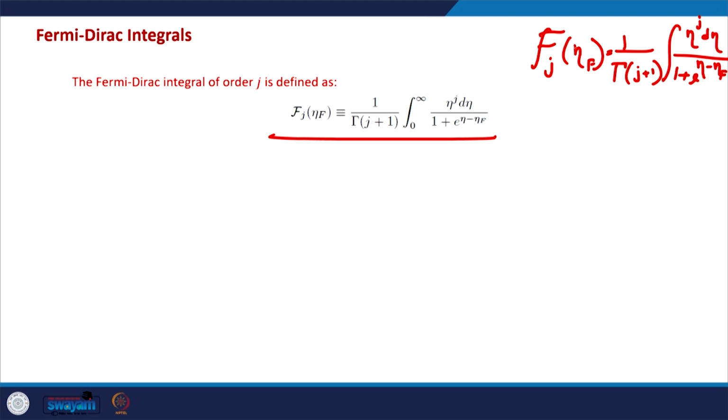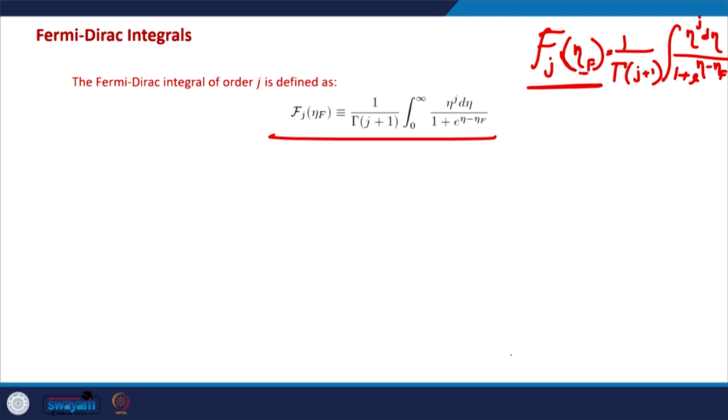This Fermi-Dirac integral function has the variable eta f in its argument. Please remember this. On the right hand side we have both eta and eta f, but in the argument of the Fermi-Dirac integral function eta f is there.